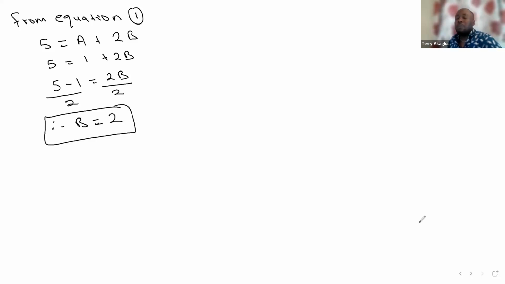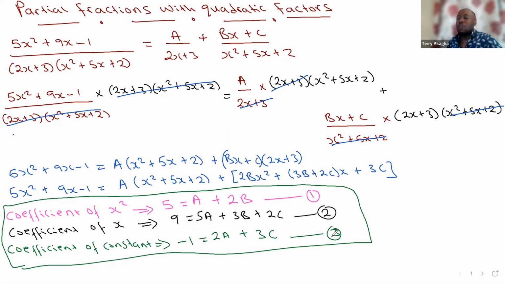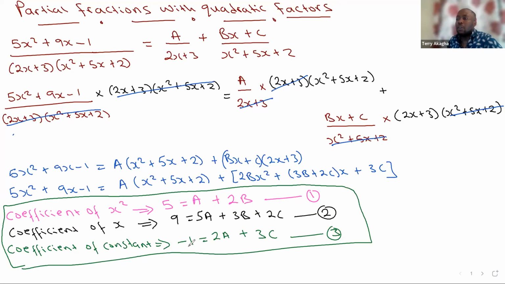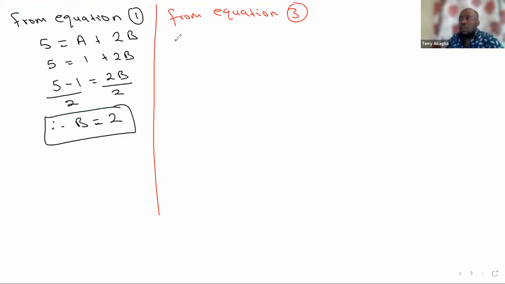Okay? So if b is equal to 2, then you can also come back and use equation 3 to get c. We also know a is equal to 1. So from equation 3, to get c, we can now say minus 1 is equal to 2a plus 3c.